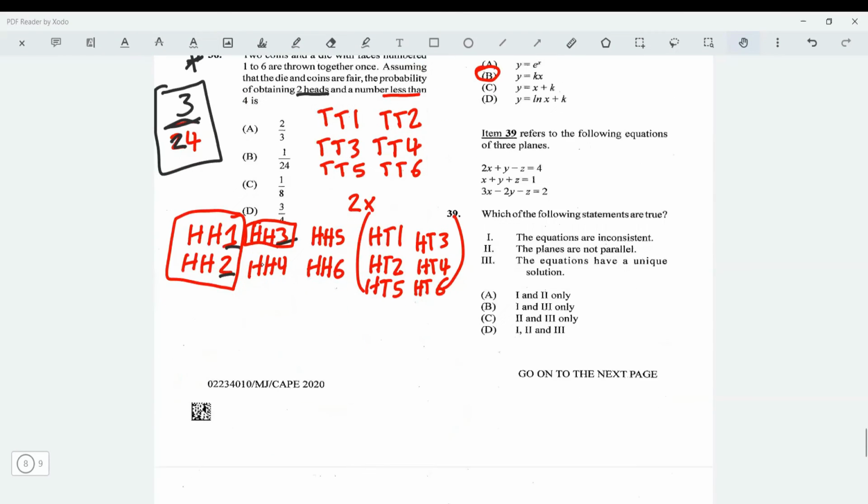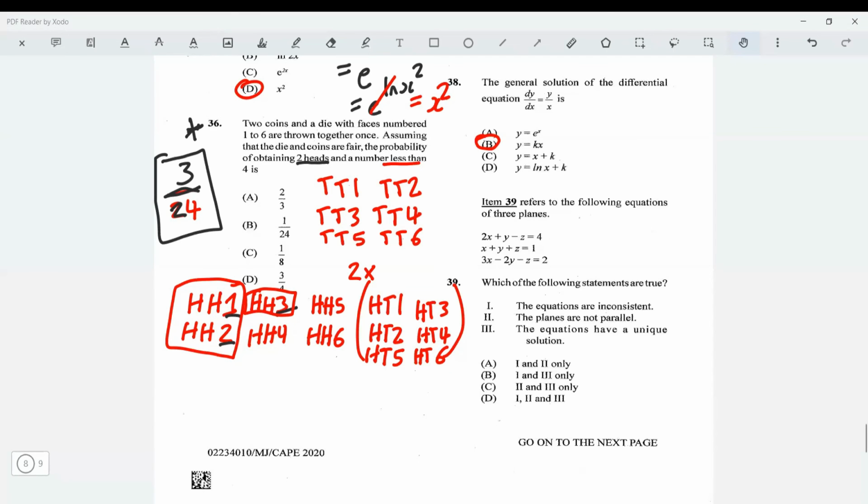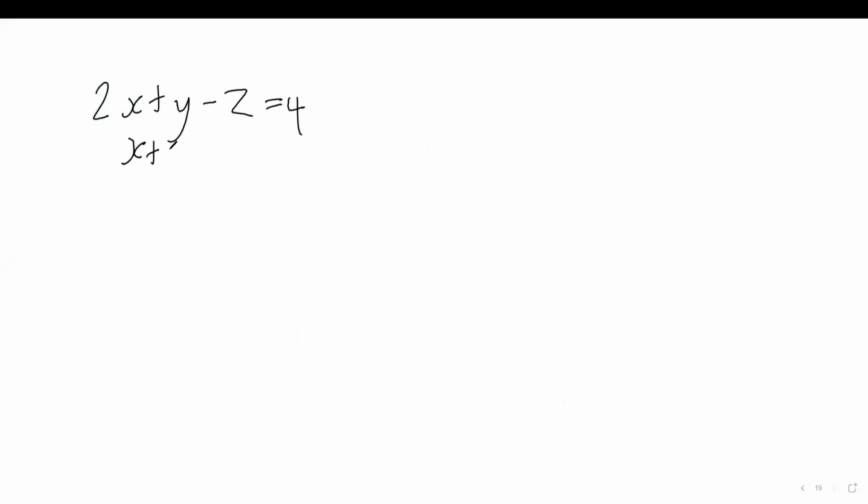Question 39. Which of the following equations or statements are true? All right. So we have these 3 equations right here. 2x plus y minus z equal 4. Going back around here, we have x plus y plus z equal 1.